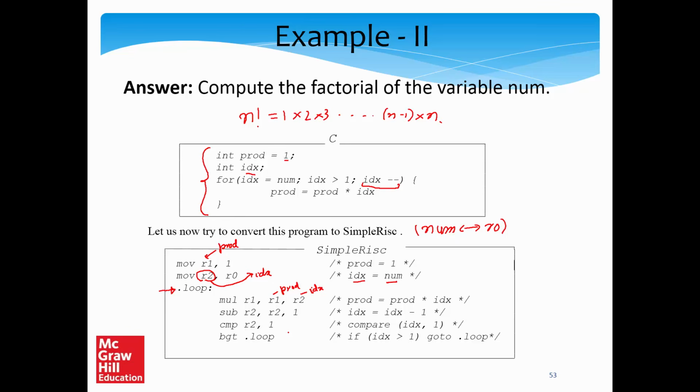So we compare R2 with 1, to see if R2, which contains idx, is greater than 1 or not. If idx is greater than 1, then the flags.gt bit would have been set. So in this case, the BGT condition would evaluate to true, and we would jump to .loop, which is essentially jumping back like this.